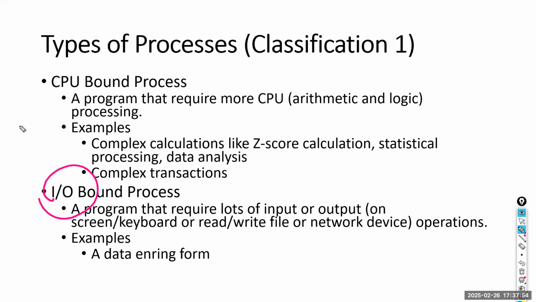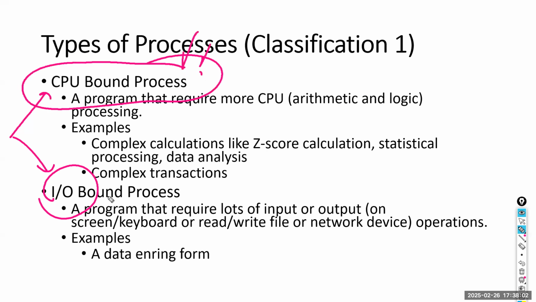Anyway, this is just a classification. So usually CPU bound processes need more processor attention. IO bound processes need less processor attention and more user attention and other hardware level access like disk. Right. So that is one classification. But there can be some programs which need a lot of CPU attention and IO bound attention.